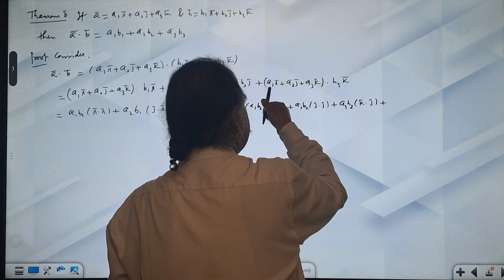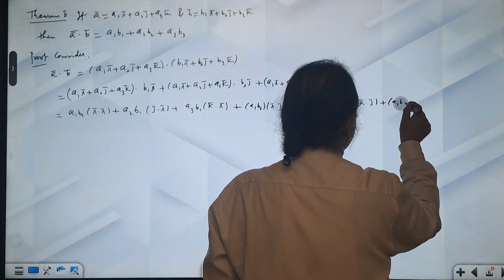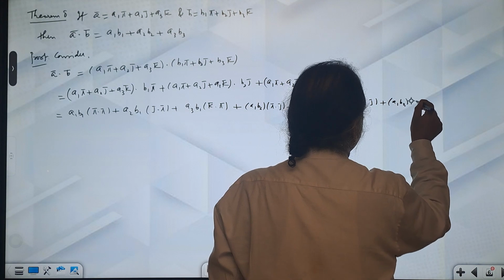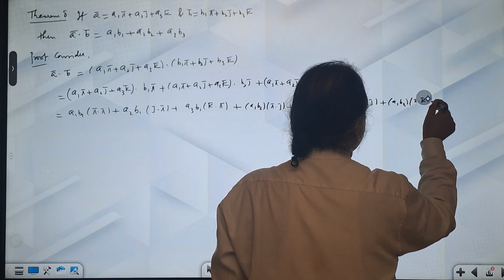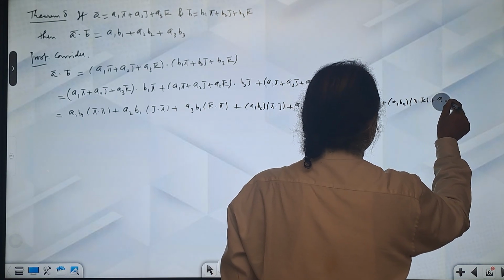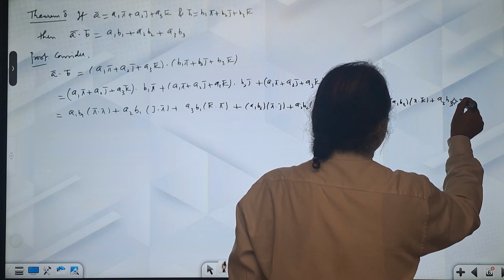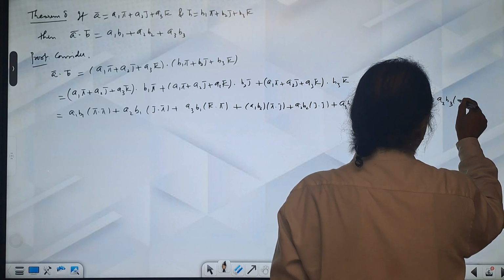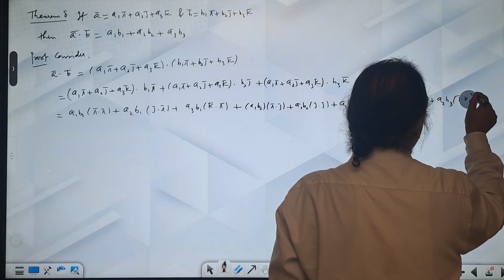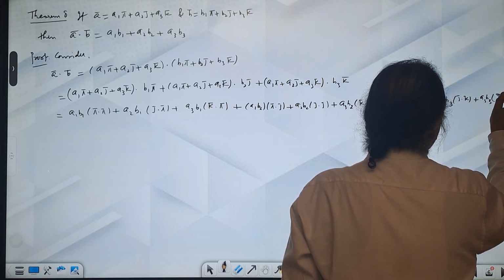Same way, A1 B3 i dot k, plus A2 B3 j dot k, plus A3 B3 k dot k.